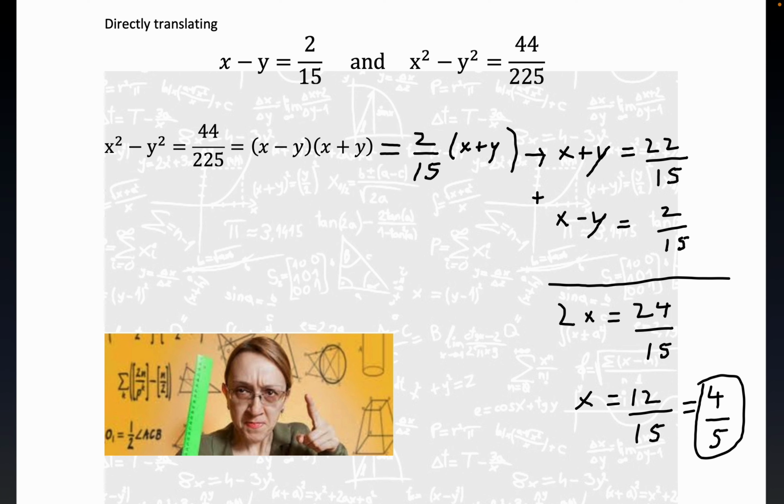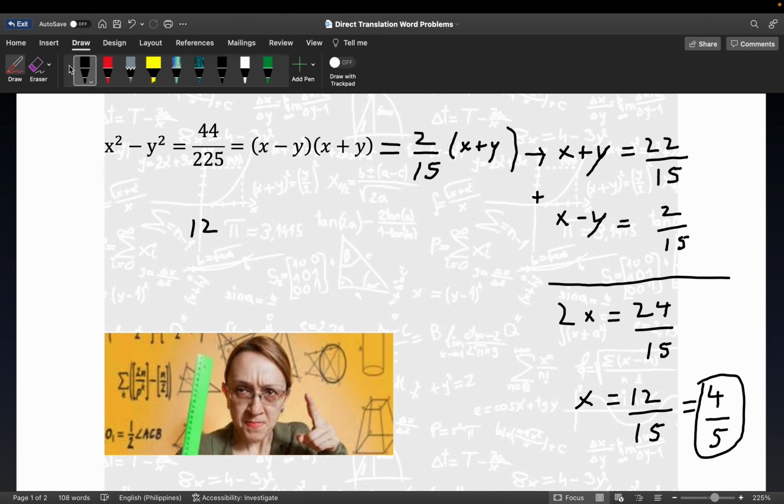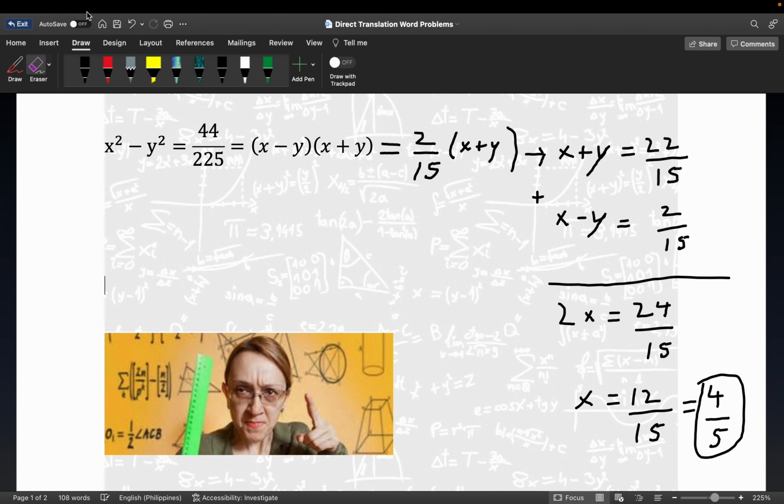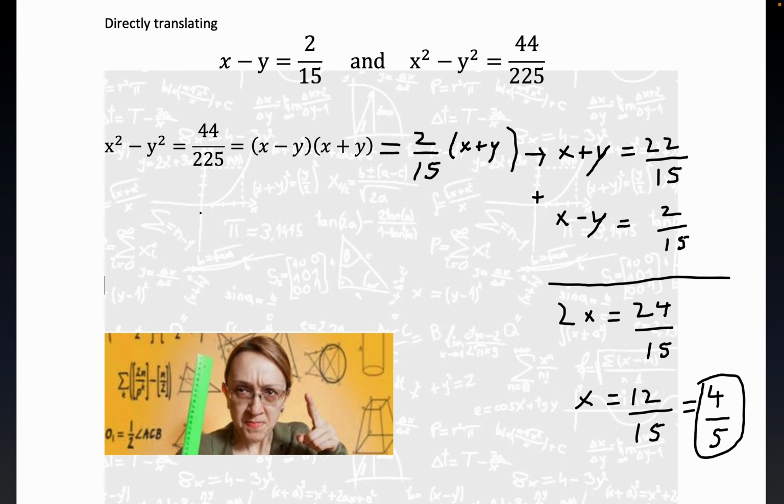Okay, and now the other, what are we going to do? We can use this top equation up here. Let's come back up here. So x minus y, I'm coming down here, x minus y. So that would leave us with, excuse me, let me erase that. Okay, that would be 4 over 5, y'all.